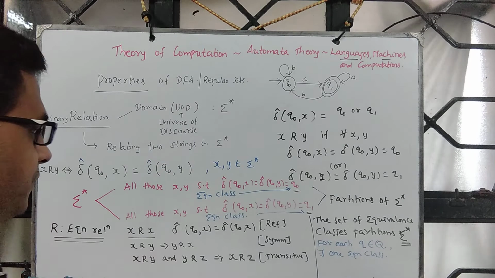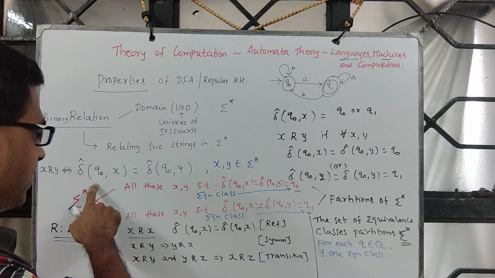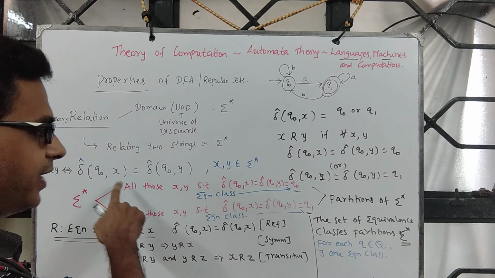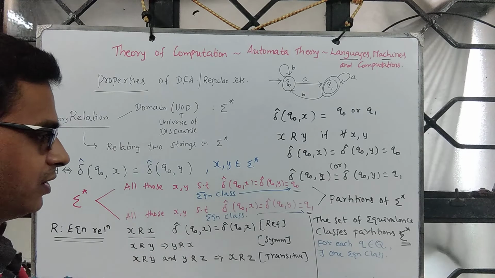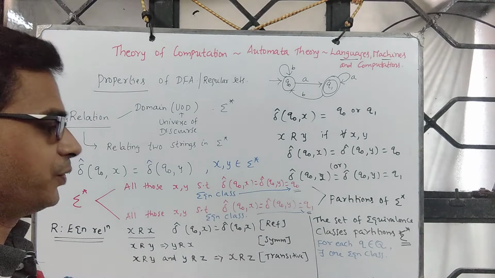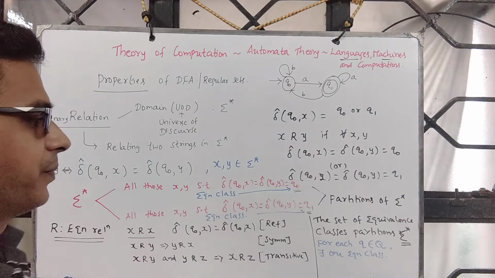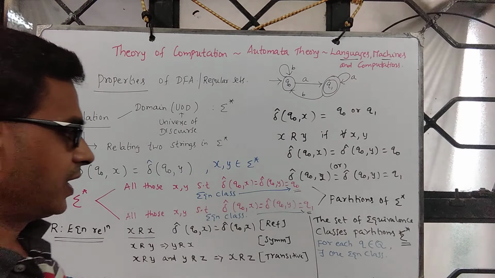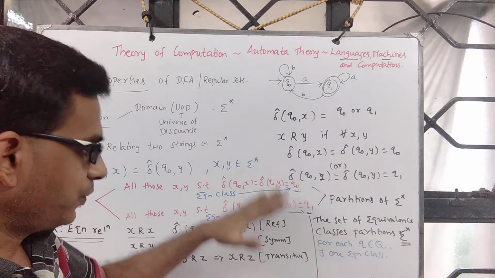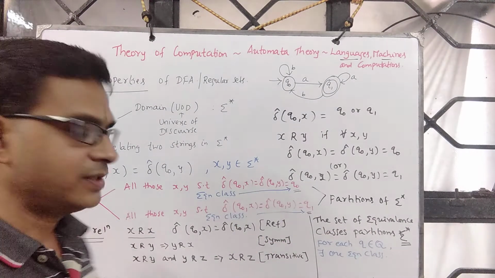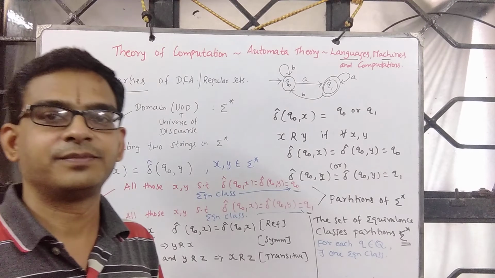Correct? Because when you start from Q0, the x can end in Q0 itself, or x can end in Q1, or x can end in Q2, Q3 and so on. Which means the sigma star is partitioned into equivalence classes of this type.